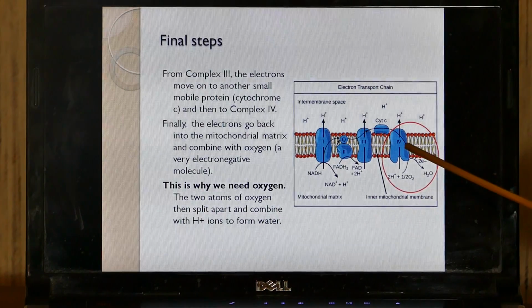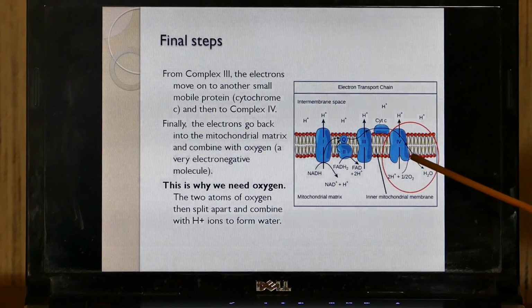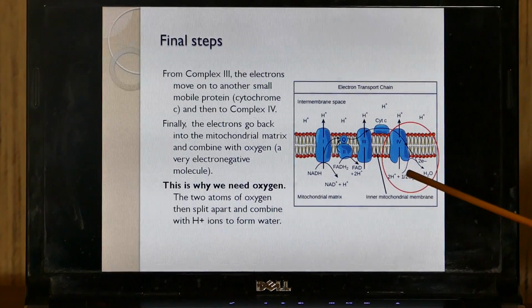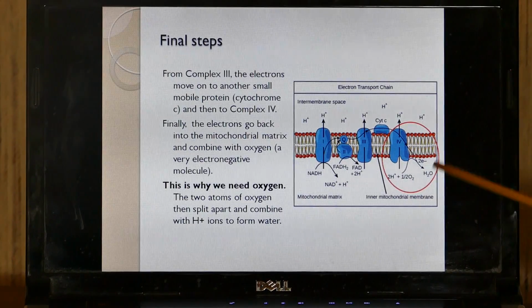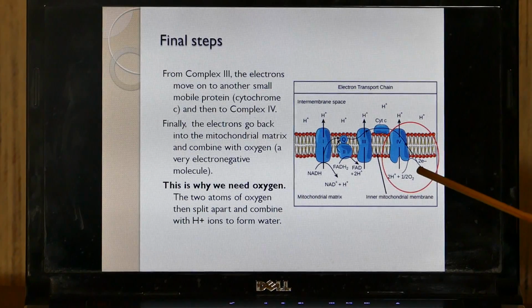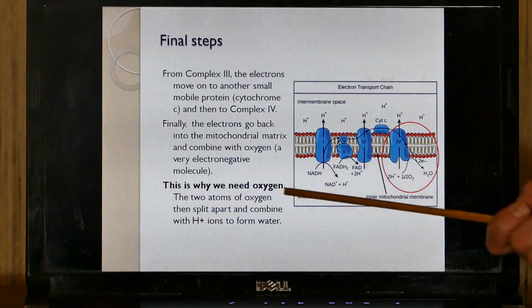And then the final step, the electrons move into the mitochondrial matrix again, where they fuse with oxygen. And oxygen is an extremely electronegative molecule, so it's a logical last step for these electrons to end up at. And this is why we need oxygen.